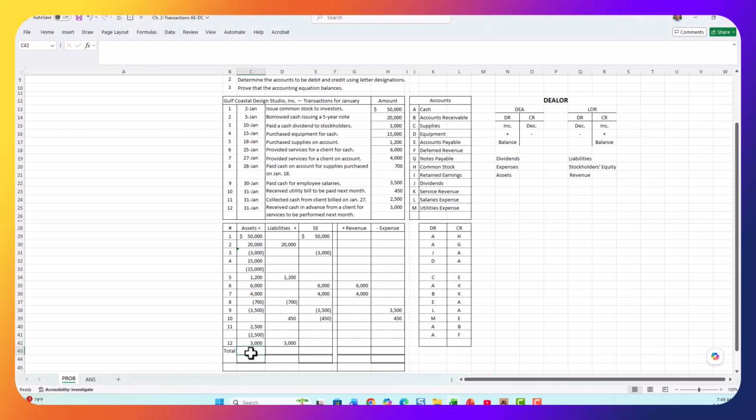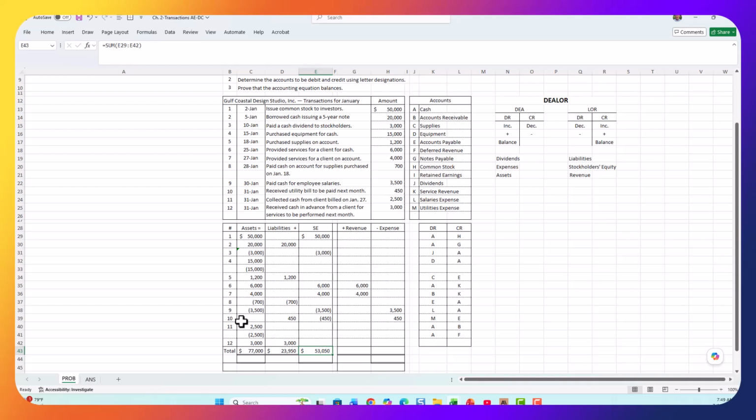Now that we've analyzed each transaction and their effect on the accounting equation, let's add up the columns to make sure everything balances. Assets total $77,000. Next, we look at liabilities. Liabilities total $23,950. Then we look at stockholders' equity.